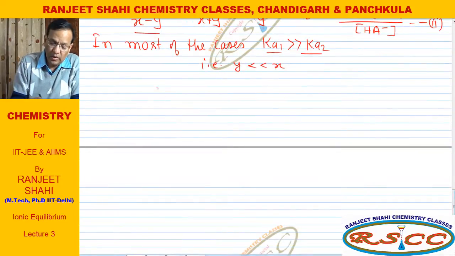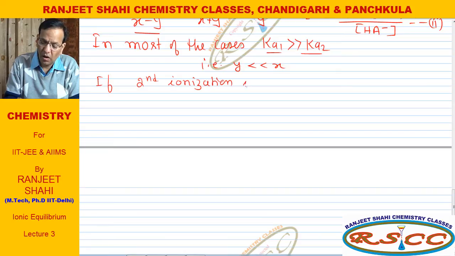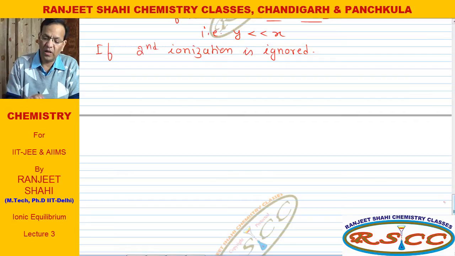So if second ionization is ignored, we can apply the approximation as we did in the case of monobasic acid.